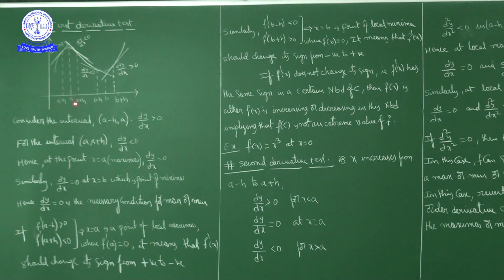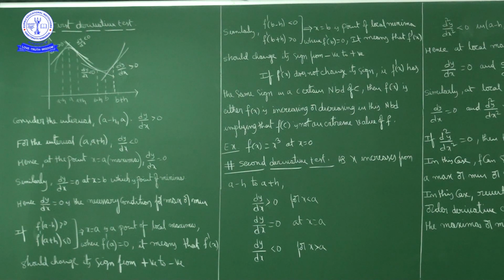In the interval a minus h to a plus h, d square y by dx square is the limit as h approaches 0 of dy by dx at a plus h minus dy by dx at a minus h, upon a plus h minus a minus h. Anyhow, the denominator is positive. Numerator, what are you writing? dy by dx at a plus h minus dy by dx at a minus h.